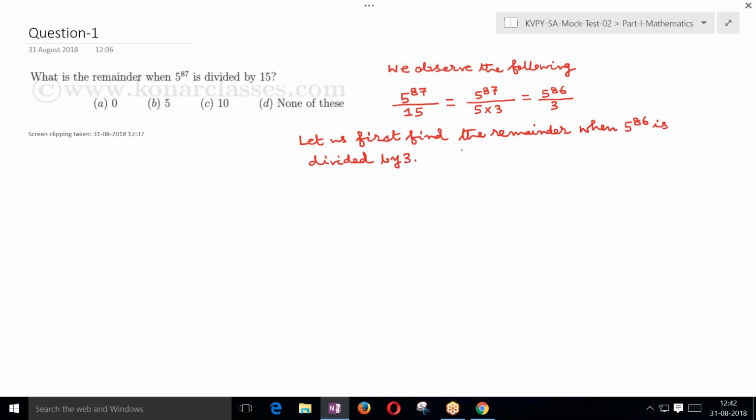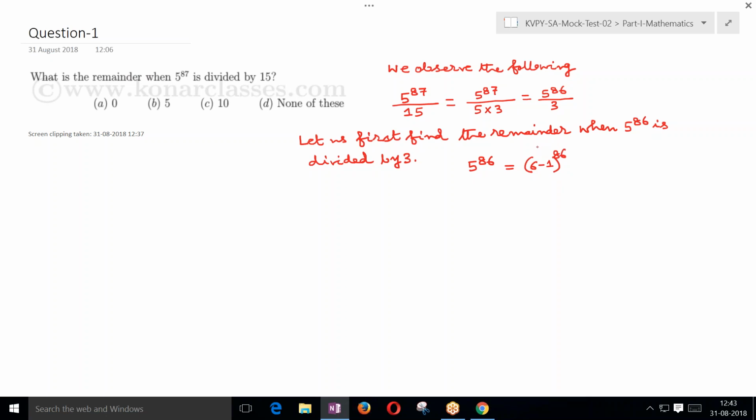And for that we need to take the assistance of the binomial theorem. How? 5 power 86, we can write 5 as 6 minus 1, power 86.